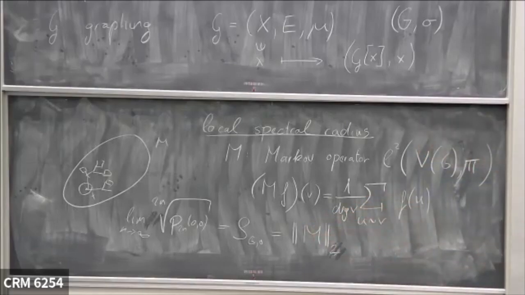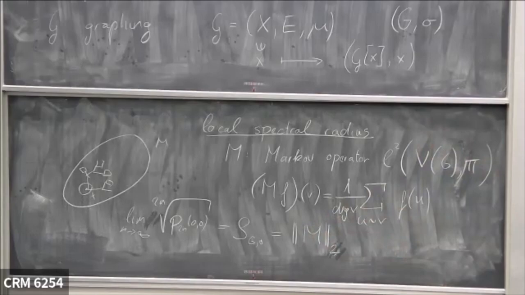But here, if I just said I want to look at the 2 norm of this, it would always be 1 because there is always a trivial eigenvector with eigenvalue 1. Just as in finite graphs, there is always a trivial eigenvector. So if I want to talk about spectral radius, then I really should get rid of that. How do I do that?